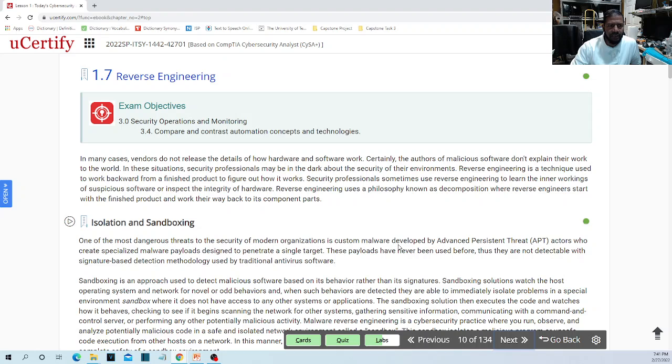Okay, reverse engineering. Reverse engineering is a very important concept. Engineering, typically what you do, you build something, right? You find the components, you put them together, and you build a finished product. Reverse engineering is the opposite. You are given a finished product and you are going to undo everything.